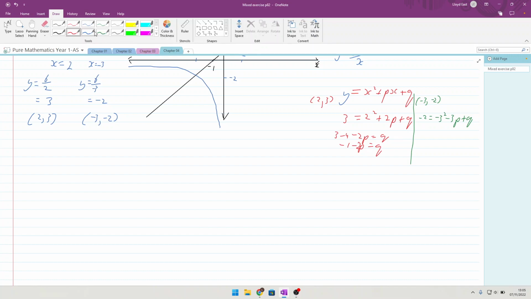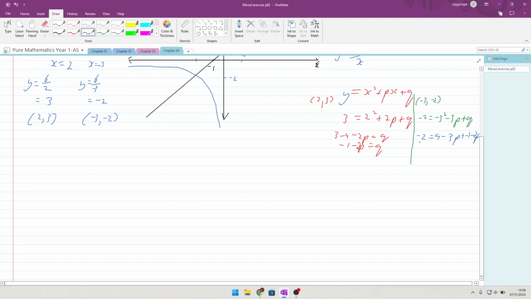I'm going to substitute that into the green side here. So we have -2 equals 9 minus 3p plus -1 minus 2p.